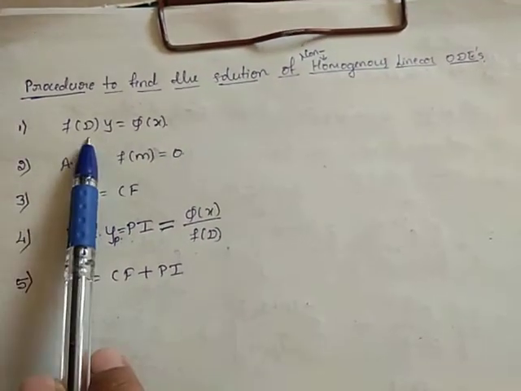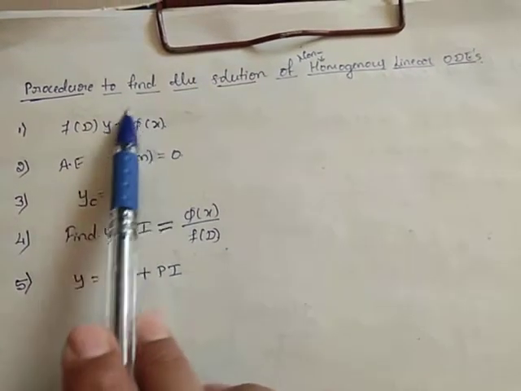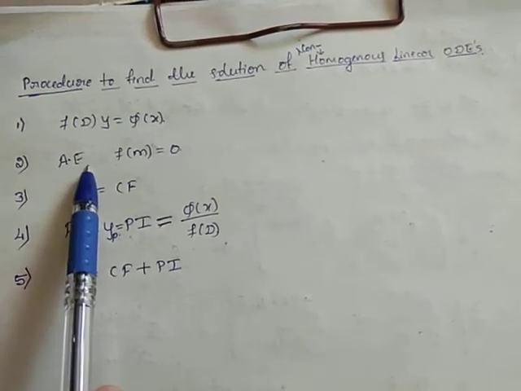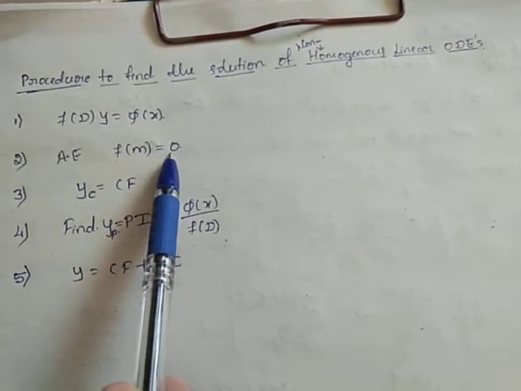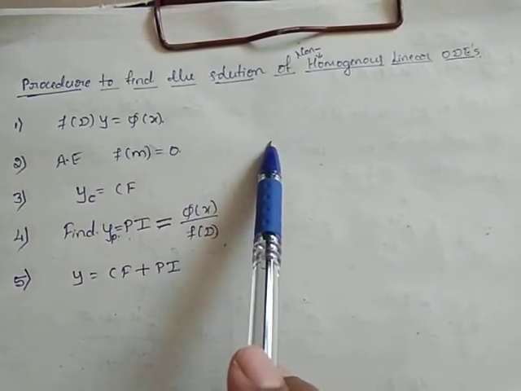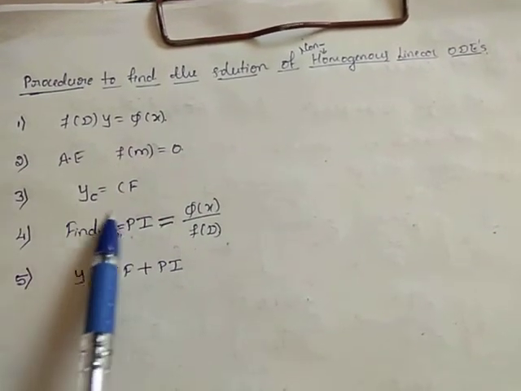So first we have to write the given equation in the form f of D of y equals function of x, and then write down the auxiliary equation f of m equals 0, solve it and find the roots. Based on the values of the roots we write down the complementary function.